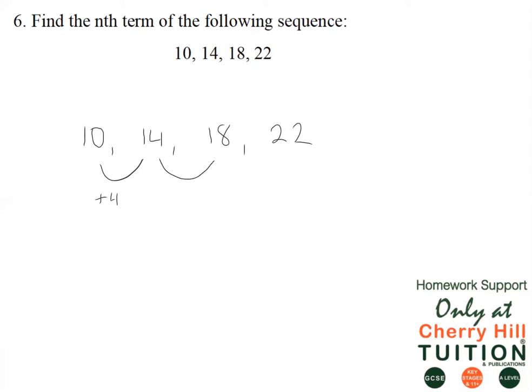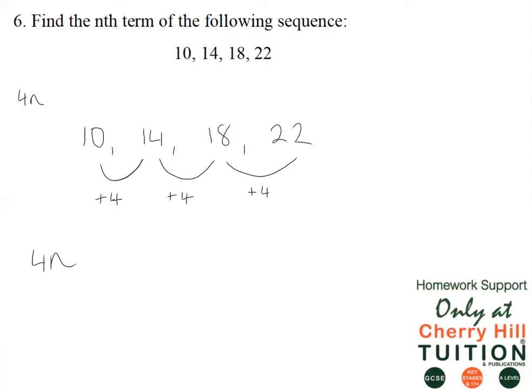The difference between 14 and 18 is also plus 4. The difference between 18 and 22 is also plus 4. This means that our sequence relates to 4n, which is the 4 times tables.